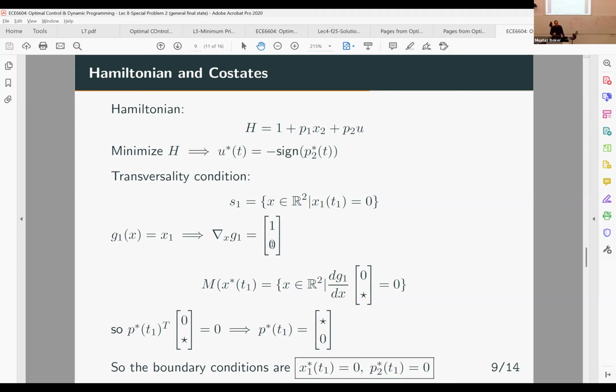Now, the tangent space of this G1, as we defined it before, is dg1 over dx times something should be equal to 0.